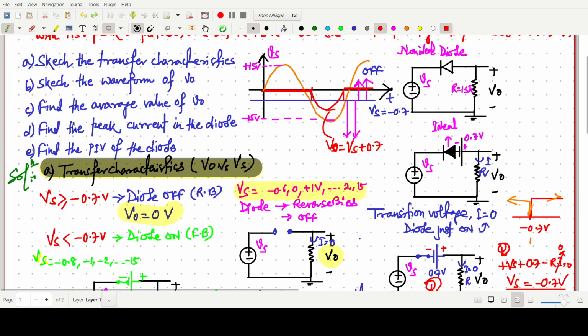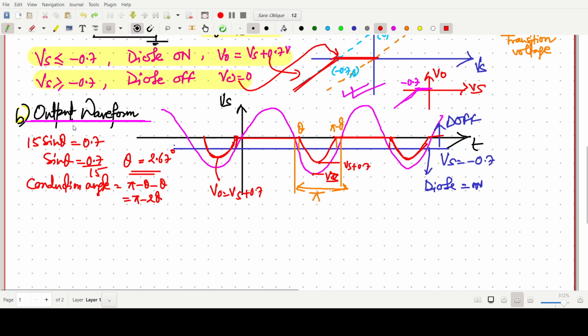Now the second part: the average value of V naught. What is the average value of V naught? In this there must be some calculation, but we have to know how to do the average value calculation.